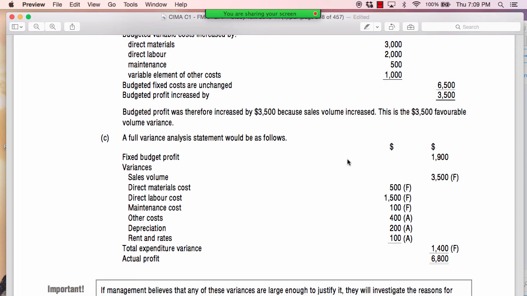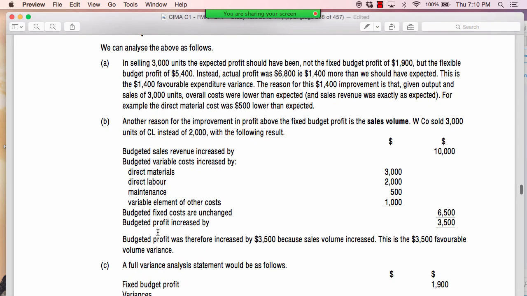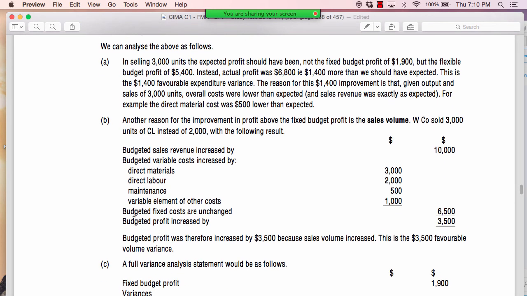Say for example, if you look at this, budgeted sales revenue increased by 10,000. Budgeted variable cost also increased, so these are all direct labor, direct costs. Budgeted fixed cost is unchanged, obviously.